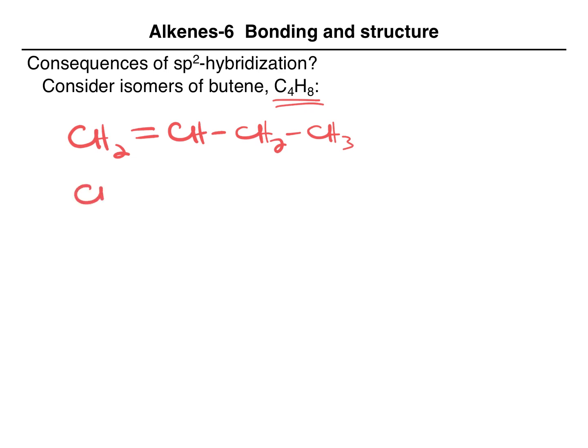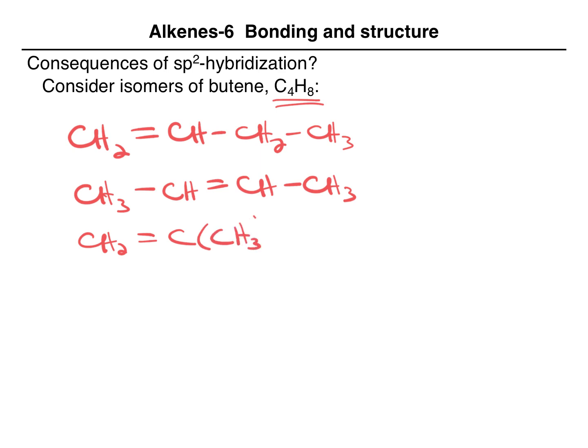We could have a CH3 connected to our CH, double bonded to a CH, connected to a CH3, or we could have CH2 double bonded to a C, which is connected to two CH3 groups. Now, the relationship between these, they all have different connectivity, so these are constitutional isomers.